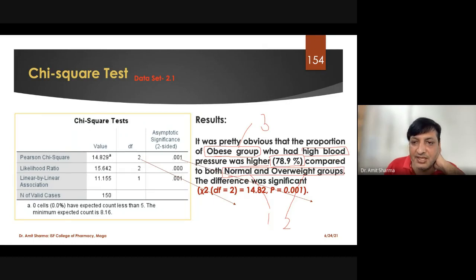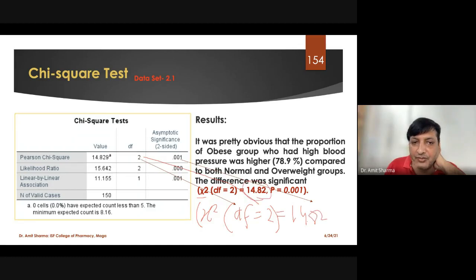And this is the writing style which I have written in red color, the chi-square sign in the bracket. You will start the bracket, then write chi-square, again bracket, degree of freedom is equal to 2, which I have taken from here, is equal to, then you can close the bracket for degree of freedom, 14.82.